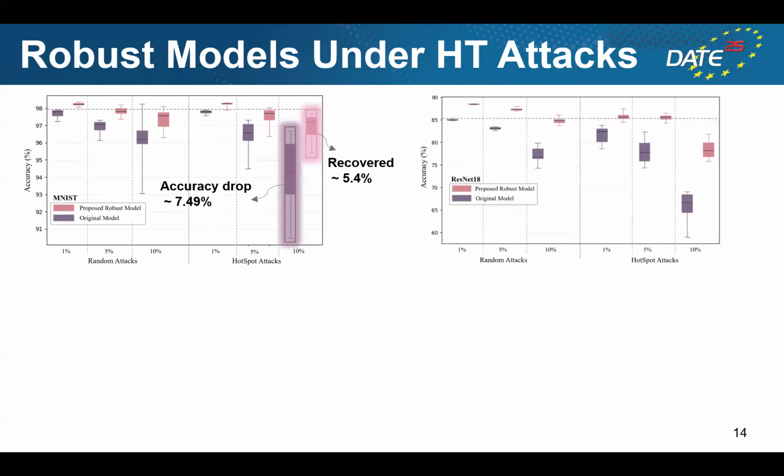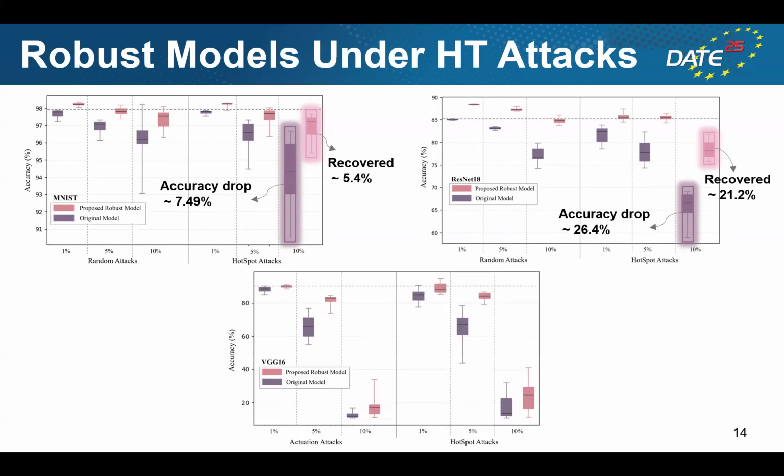For the ResNet 18 model, in the worst case, again, the accuracy drop reached 26.4%, of which the robust model was able to recover 21.2%. And finally, for the VG16 model, in the most extreme case where the accuracy drop reached 80.46%, the robust model was able to recover only 30.7%.